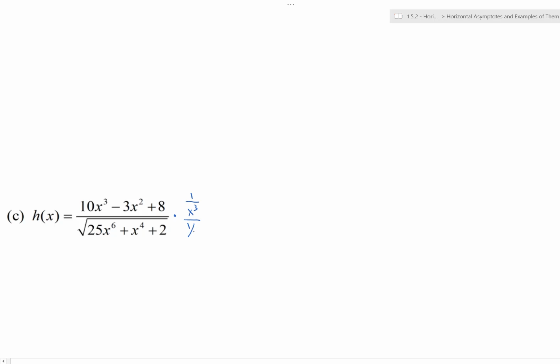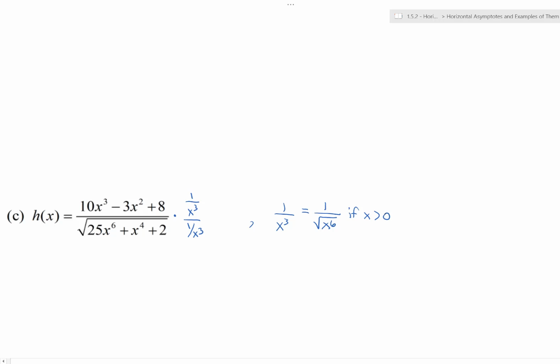Now notice that 1 over x cubed is equal to 1 divided by the root of x to the 6th if x is positive.